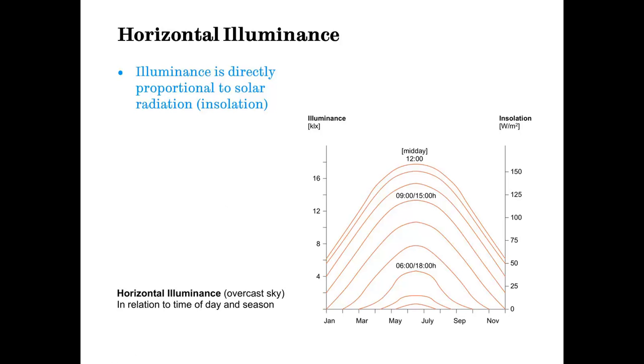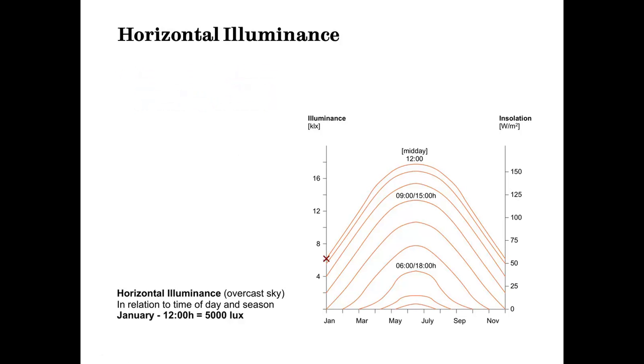The important factor to understand here is that illuminance is directly proportional to solar radiation, or we call it insolation. So in other words, the illuminance level you get from the sky is directly proportional to the energy level that you get from the sky, so in terms of heat gain.